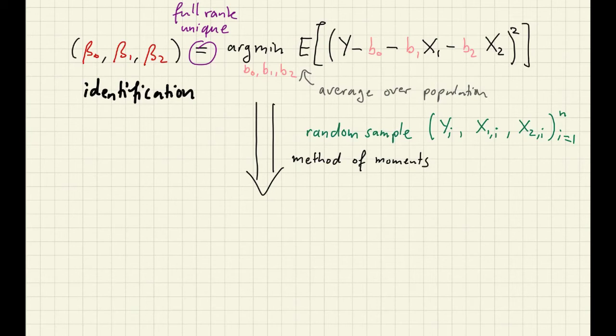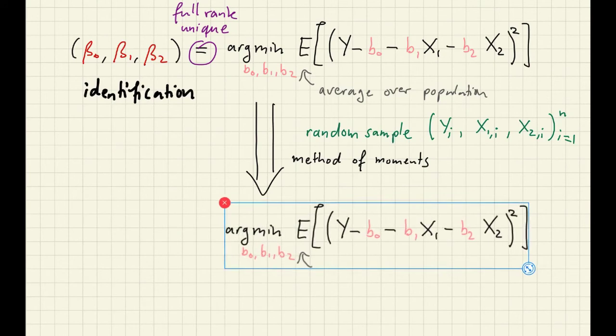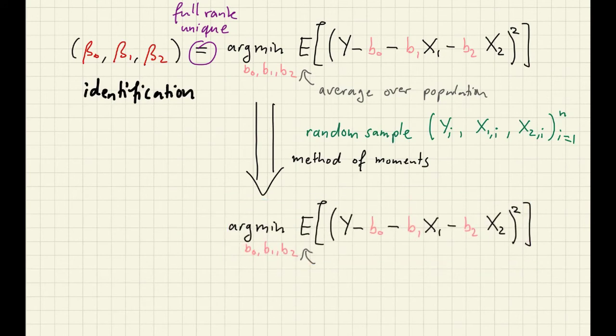So we'll just take this here, and now we replace population quantities by the sample counterparts. Instead of the expectation, we have a sample average.